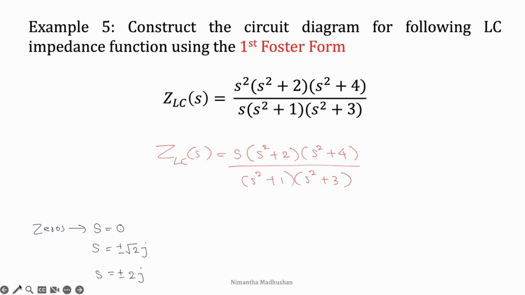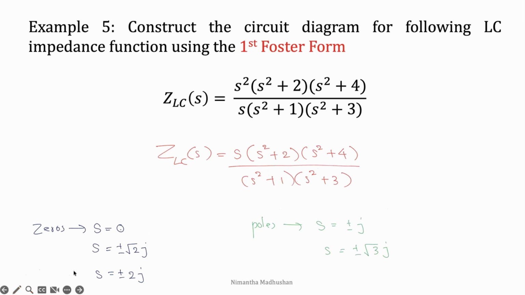These are the zeros. We obtain the poles from the denominator: s equals plus or minus j, and s equals plus or minus root 3 j.